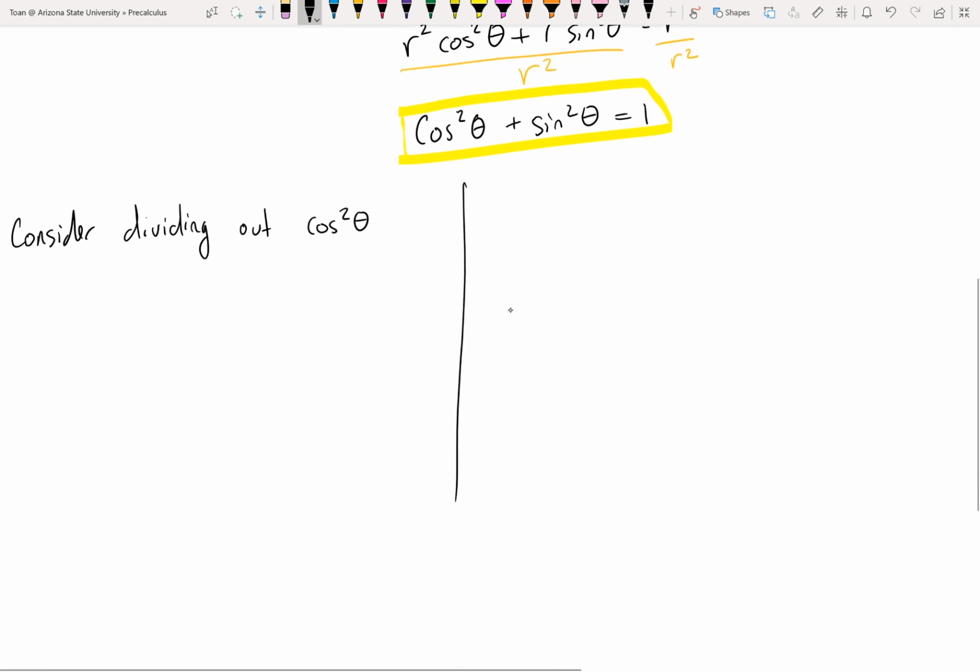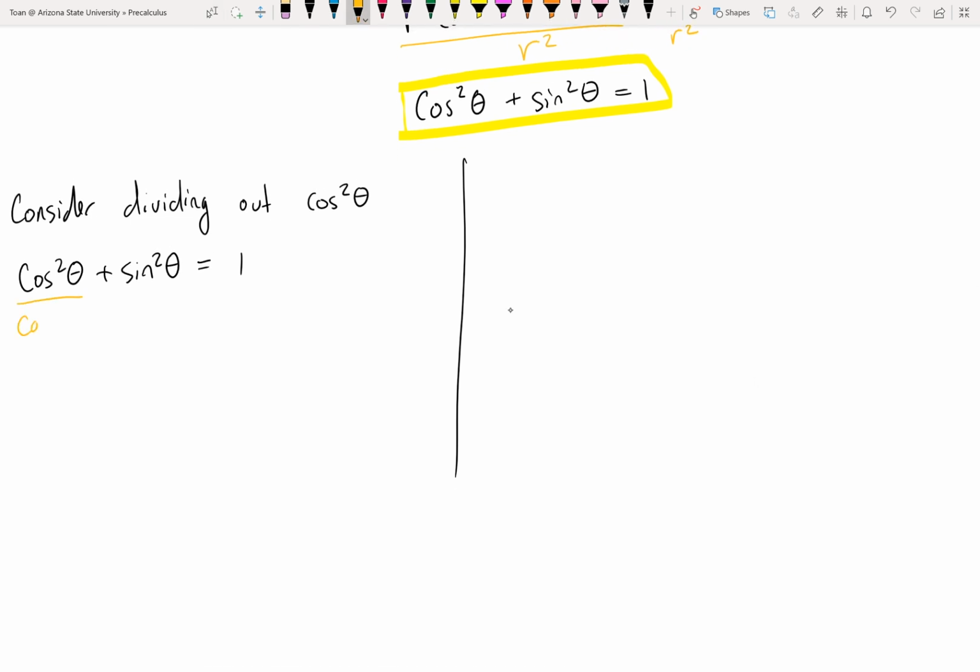I'll take the identity that we developed, cosine squared theta plus sine squared theta equals 1, and it is mathematically valid to perform algebra with it. Let's divide everything by cosine squared theta. And this is legal because what I'm doing to one side, I am doing to the other side. Well, what happens is something interesting. It produces another identity. So cosine squared divided by cosine squared is just 1 plus, now this is interesting in this middle term here, sine squared theta divided by cosine squared theta.